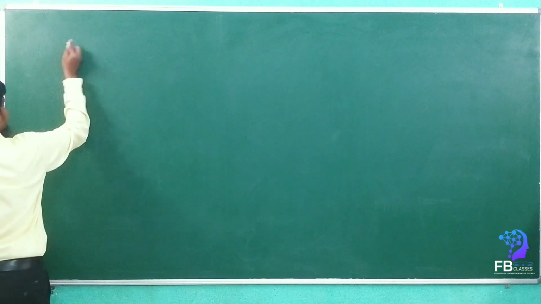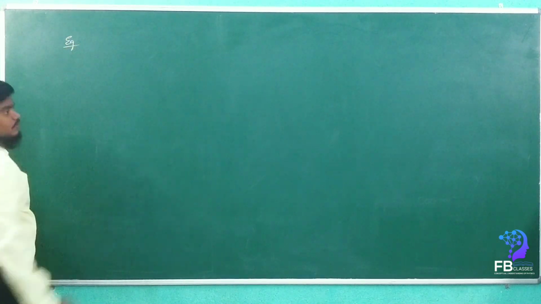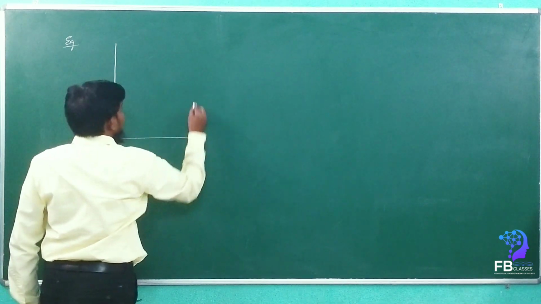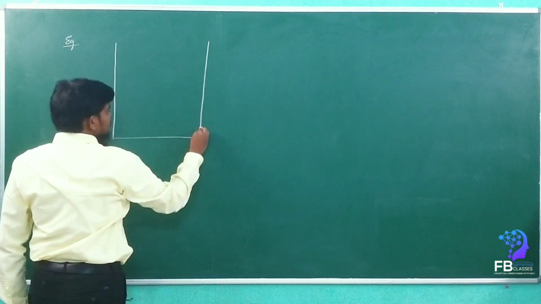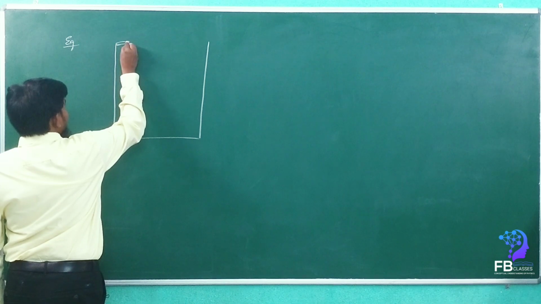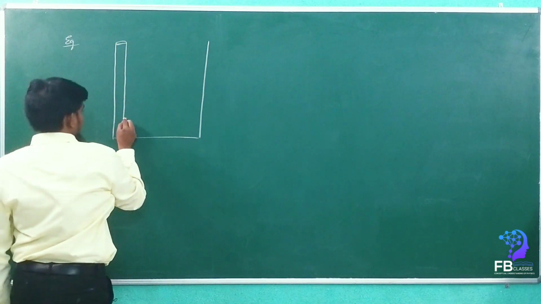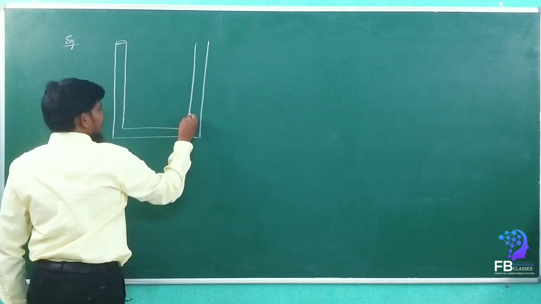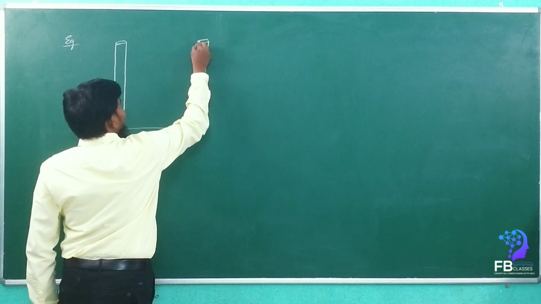So now we will take an example problem. Okay. For example, it was asked in a previous IIT examination. So what he asked, I'll tell you. See, this is a U-shaped container. Okay.